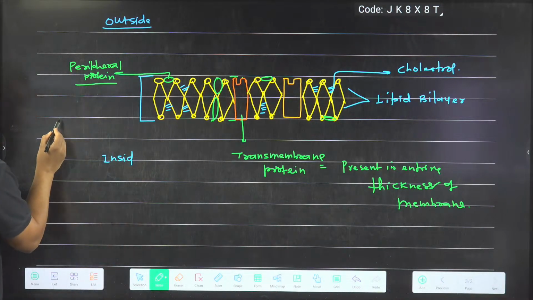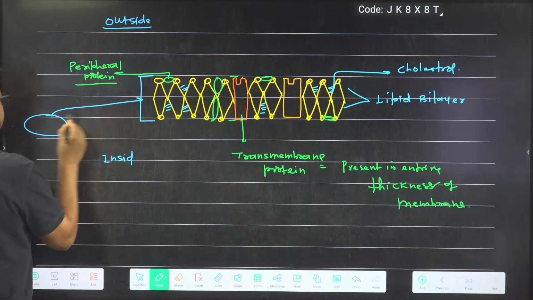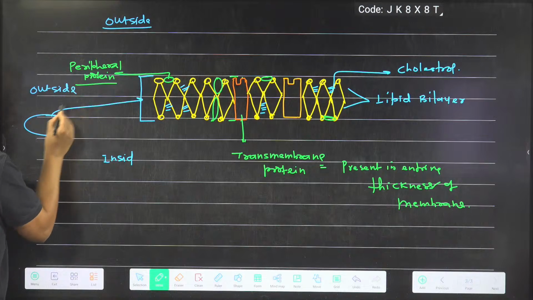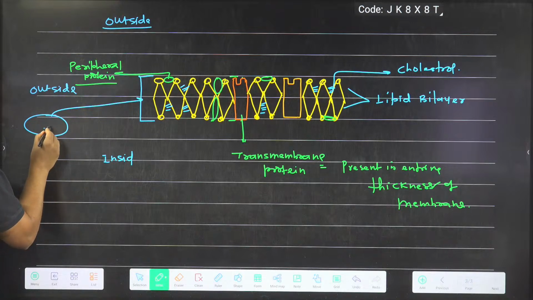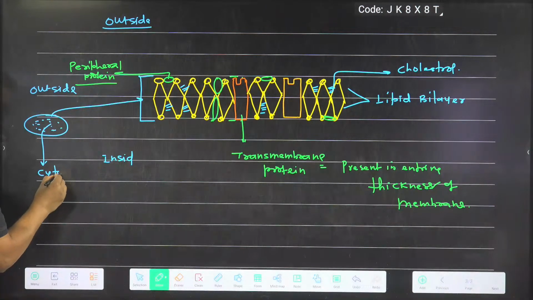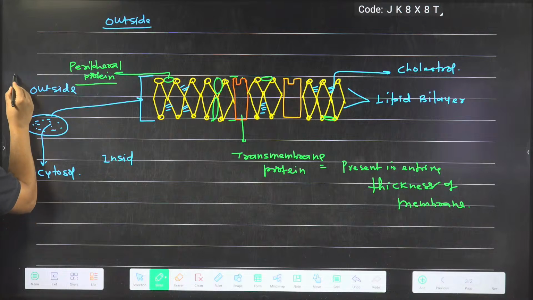Think of it like this: here is the cell, this is the plasma membrane, this is outside and this is inside. The fluid present inside is called cytosol, and the fluid present outside is called extracellular fluid.